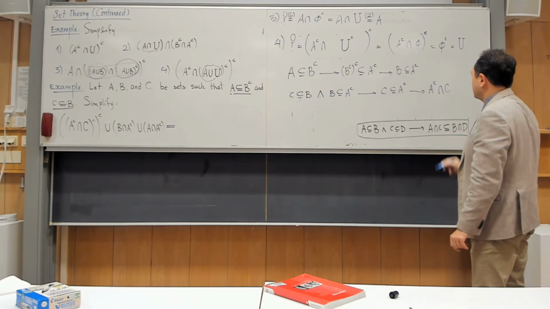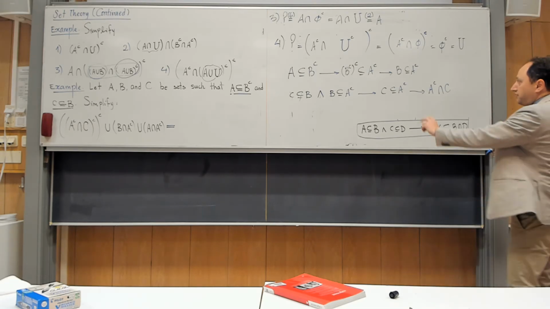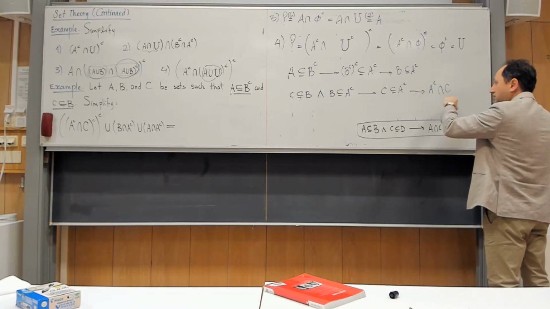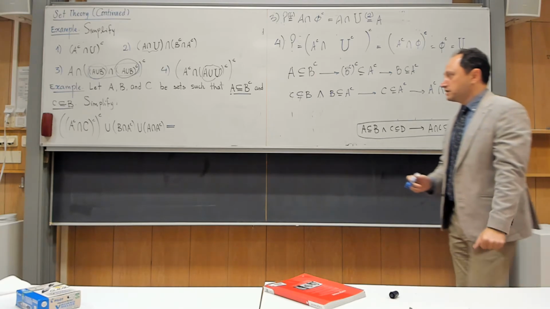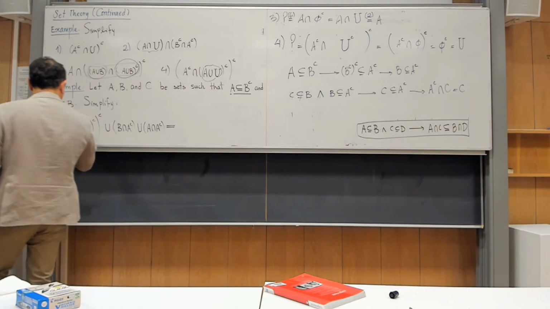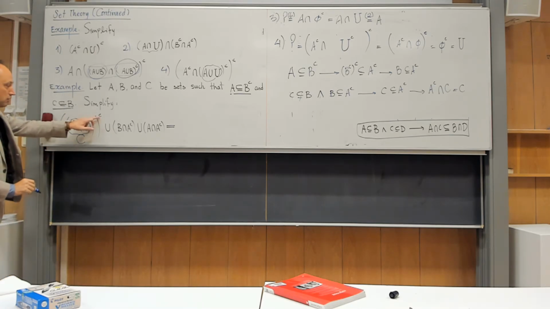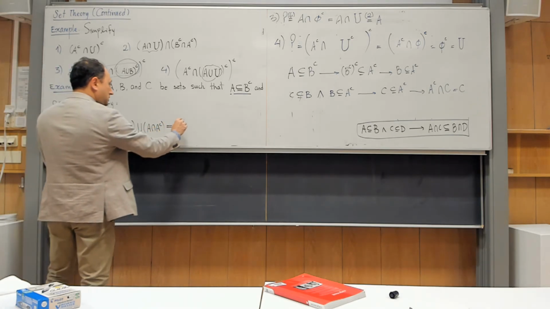So what is this? C, because if they are comparable, the union becomes the bigger one, the intersection becomes the smaller one. So the answer to this is C. That was probably the hard part here. So instead of this expression, I can write capital C, but I have complement, which becomes C itself. So this one becomes C.